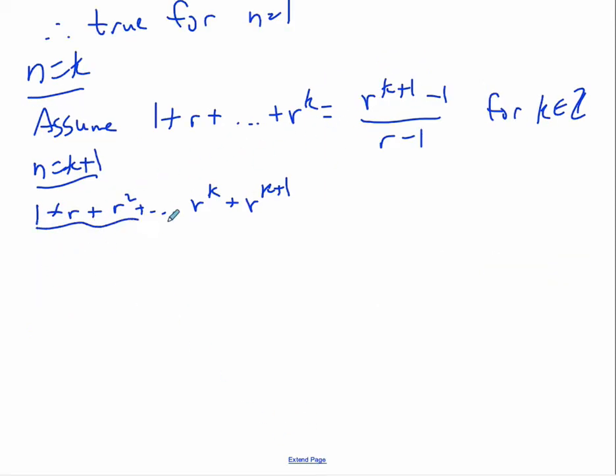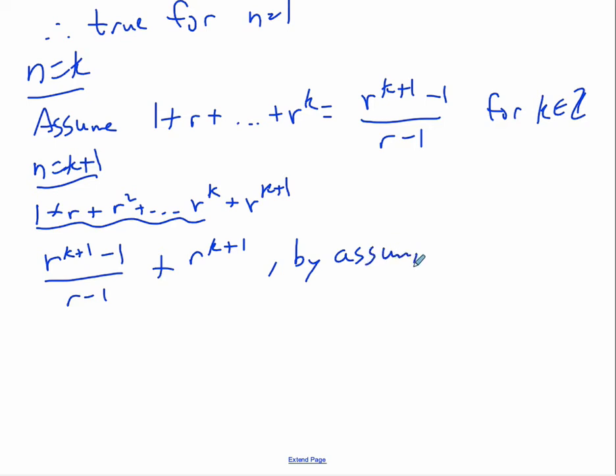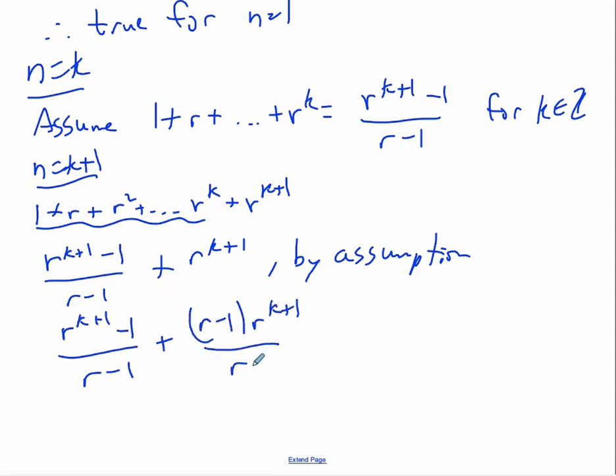So this is all just r to the k plus 1 minus 1 over r minus 1 plus r to the k plus 1 by assumption. Okay, and we want to add these together. We'll get a common denominator. So the common denominator, we have to have r minus 1 times r to the k plus 1 over r minus 1.